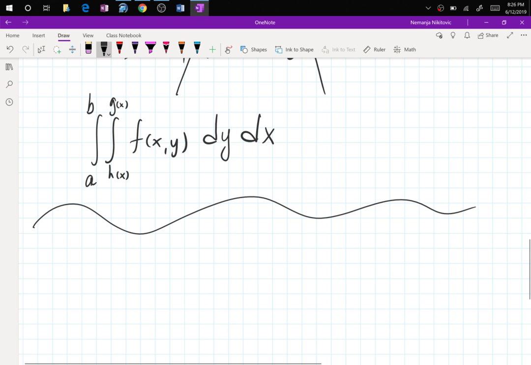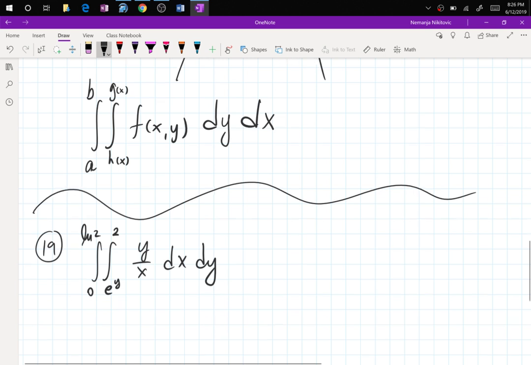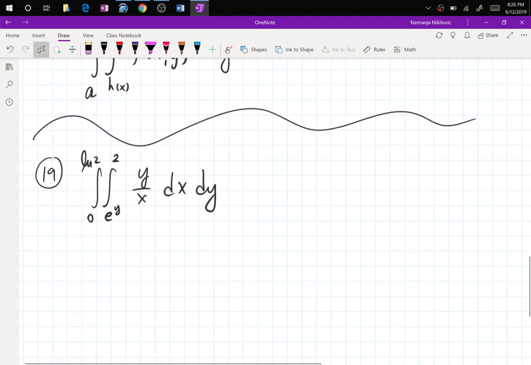Here, number 19, for instance, looks disgusting enough. 0 to ln 2, e to the y to 2, y over x dx dy. And they just want us to compute this. That's all.